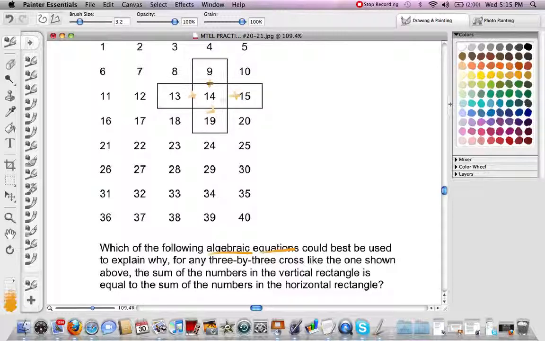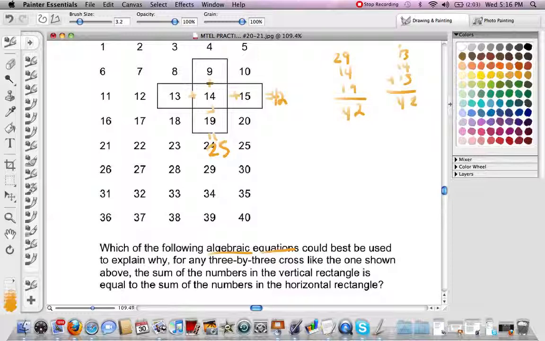Well, if I add these up, this row, 13, 14, and 15, I'm going to get 42. So the vertical row is equal to 42, and the horizontal row, it says, is the same. So let's see, 9, 14, 19. 42, so it is in fact the same.